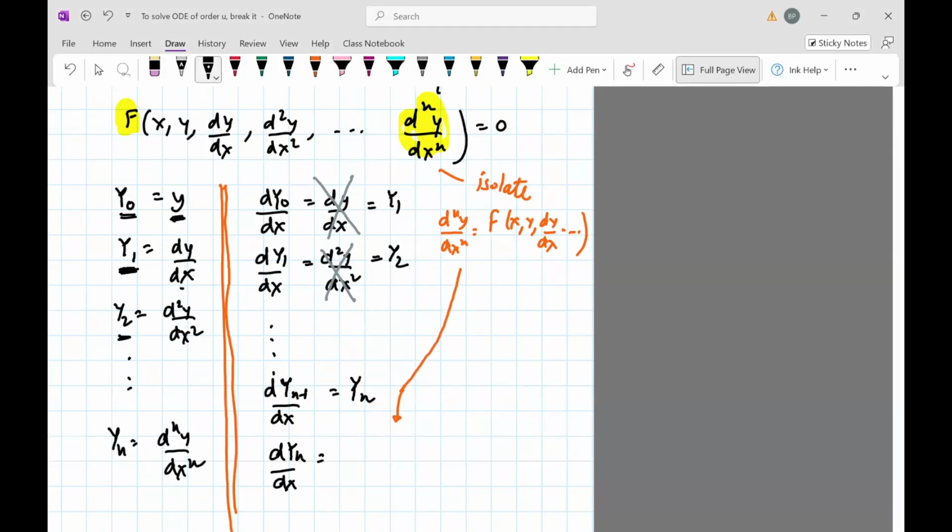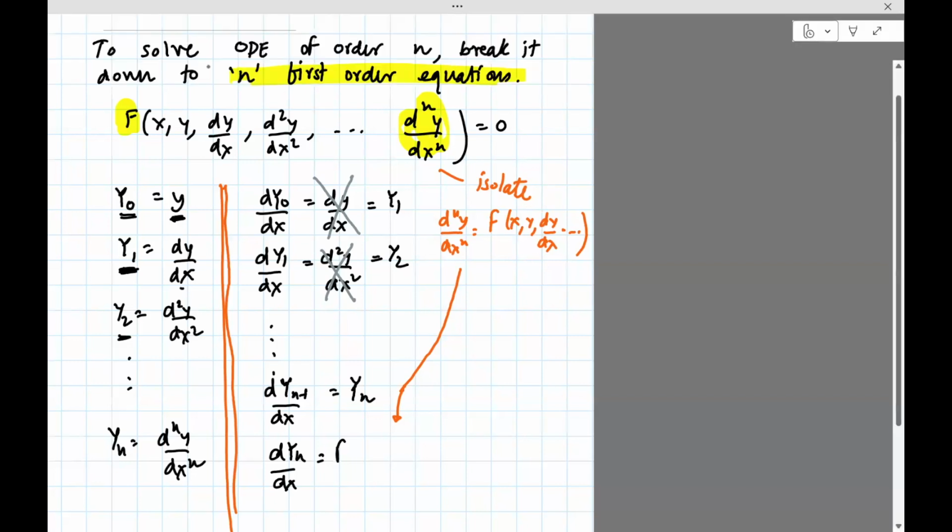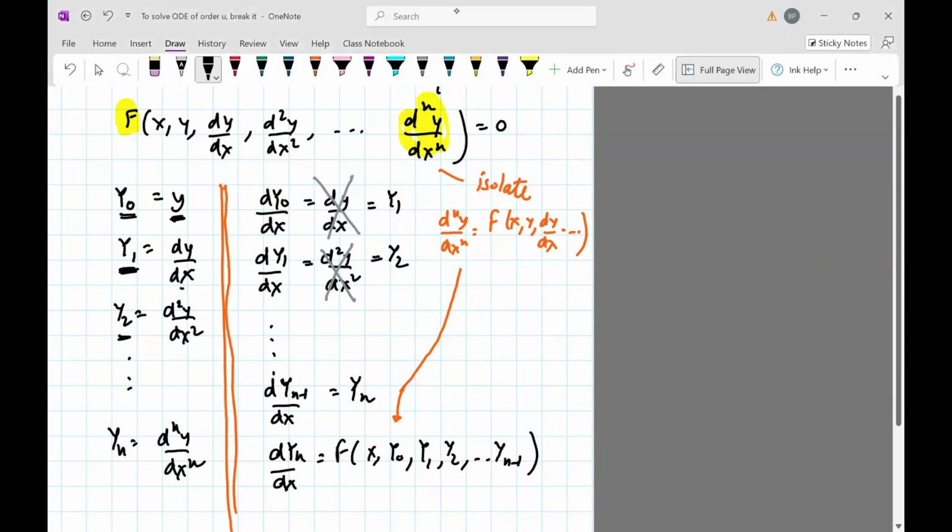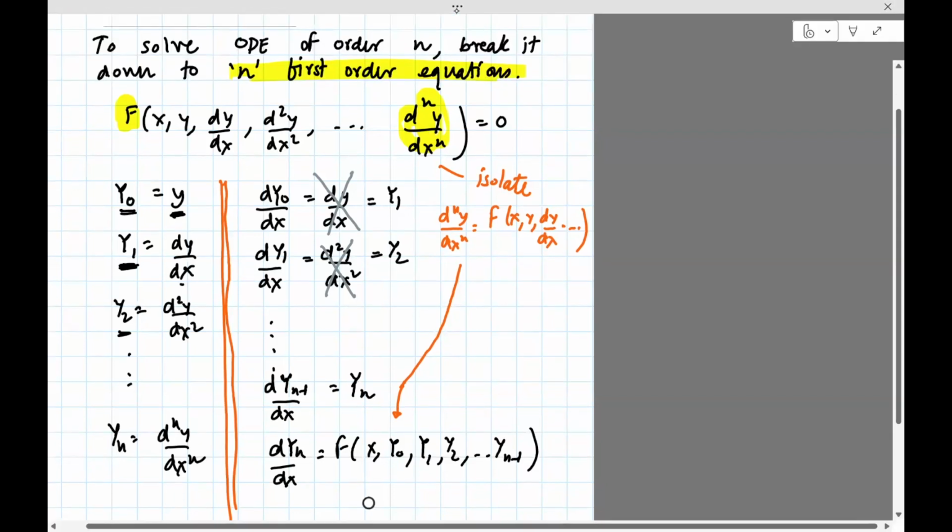It will be f of x, now y is y0, y1, y2, so on till y n minus 1. Okay, so now we have n equations, and we can solve for those. Well, actually n plus 1 equations.